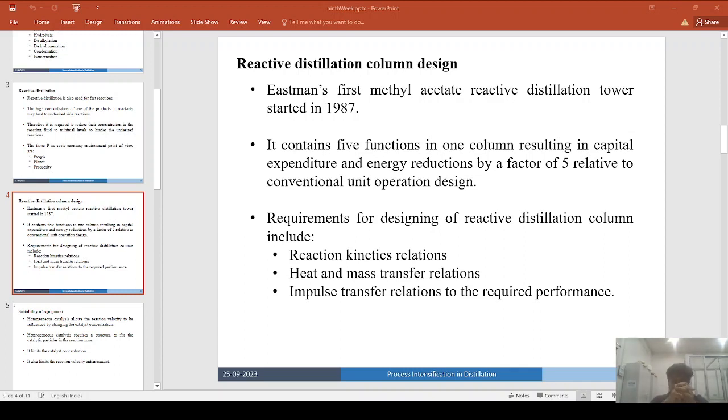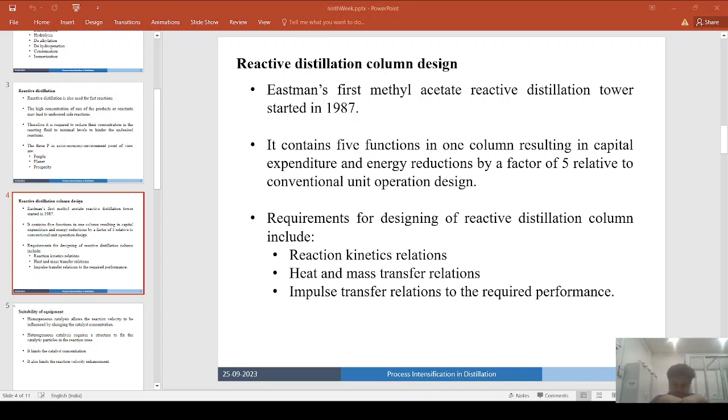Surprisingly, it was not just that it combined only reaction and distillation; it was able to incorporate 5 different functions into one single unit operation. This resulted not in just 20%. We had just discussed that it would be beneficial by 20% in energy and economy, but if you combine 5 functions into one, the resulting capital expenditure and energy reduction was up to a factor of 5, which is a lot.